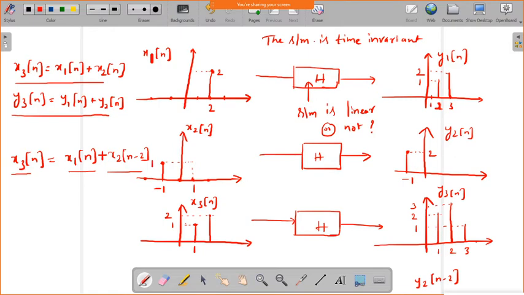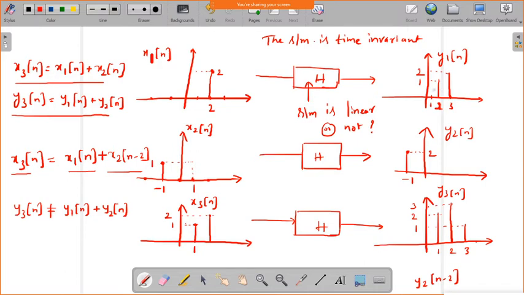So now whether we can express this as the addition of these two, let us see. Actually it is not possible. So y3 of n is not equal to y1 of n plus y2 of n.